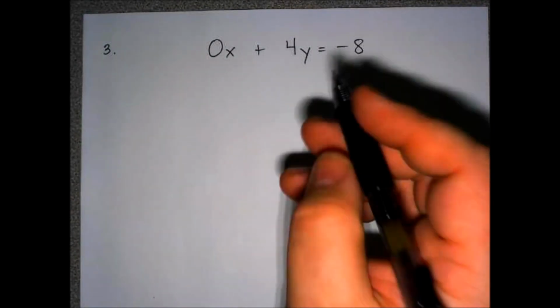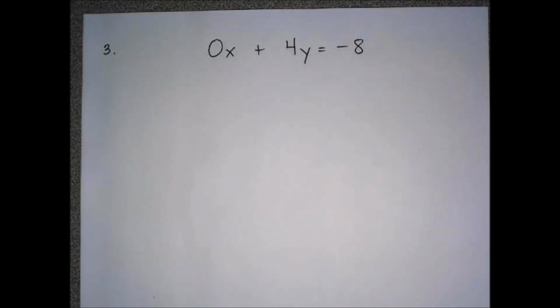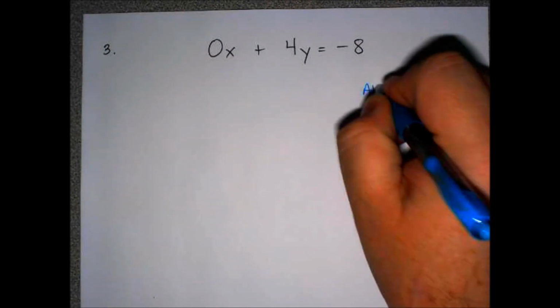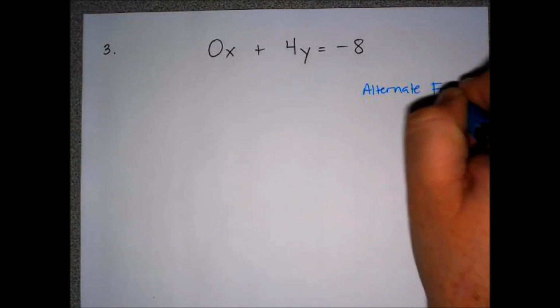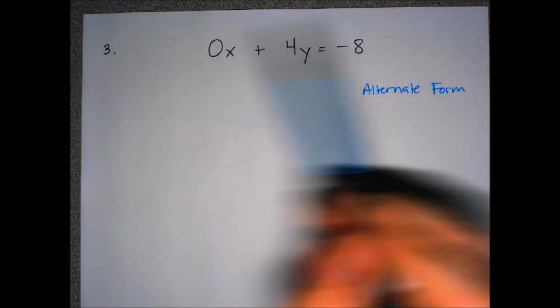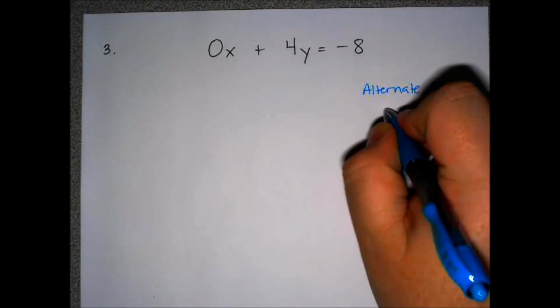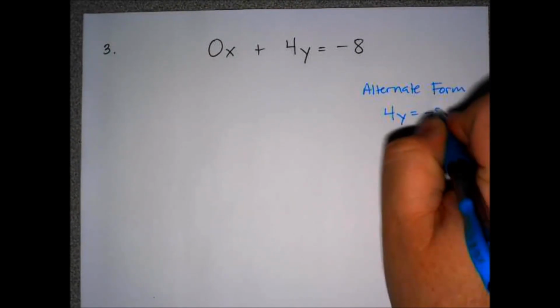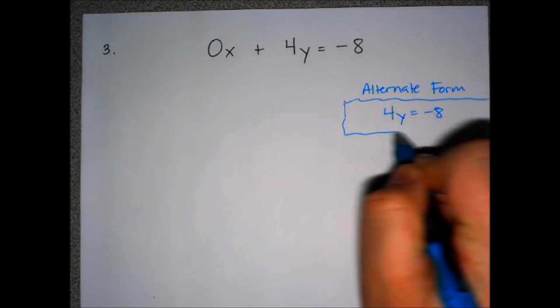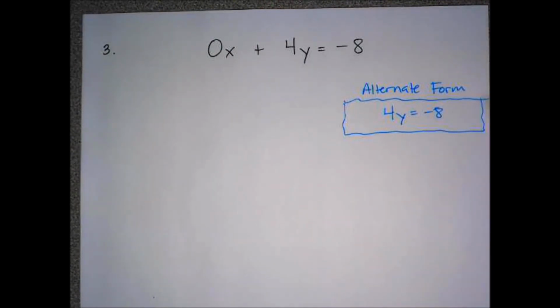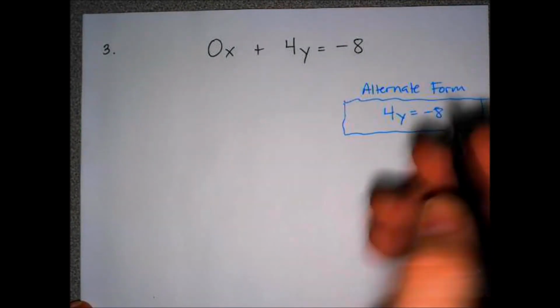Or, no, let's look at its alternate form first. Instead of writing 0x, we're just not even going to write 0x. We're going to write 4y equals -8, because why write anything when it has a 0 next to it? Seems kind of redundant. So that's its alternate form, and as you probably figured out, we're going to come back to that. But let's try this in slope-intercept form.